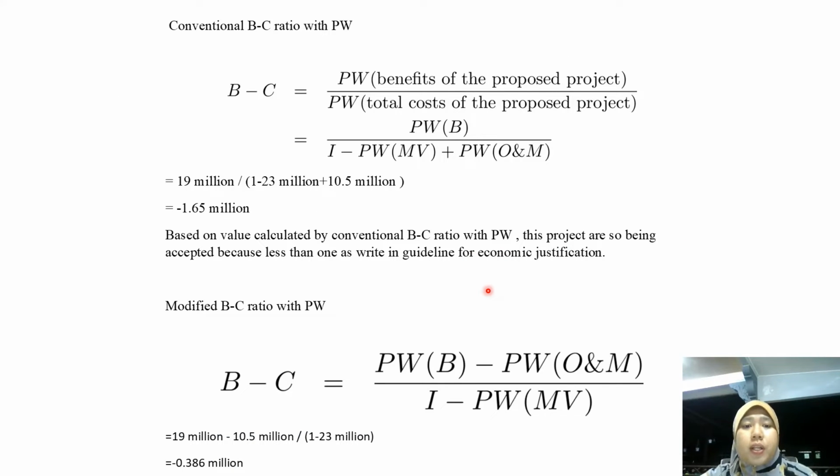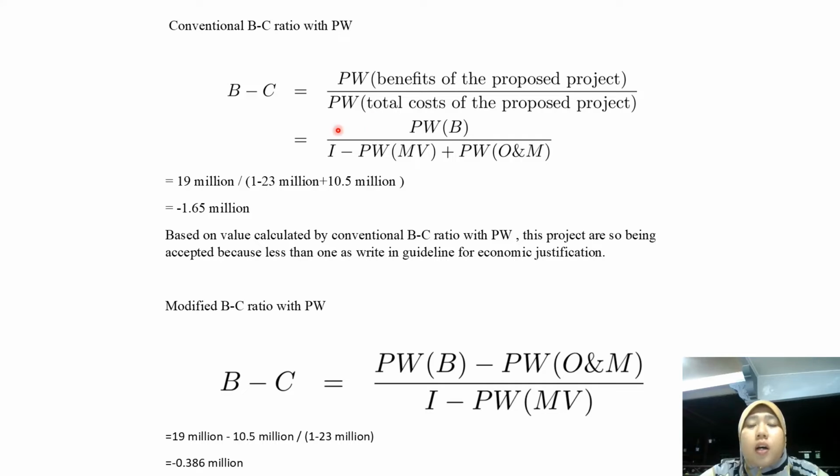There are two formulas. Firstly, the conventional BC ratio with PW, and second, at the bottom, the modified BC ratio with PW. We will go first to the conventional. For the conventional, the benefit of the proposed project is divided by the total cost of the proposed project. From previous, we have calculated PWB, PWMV, and PWO&M.